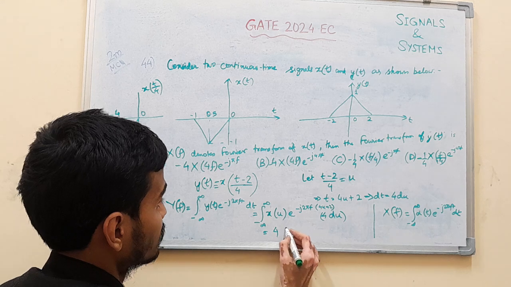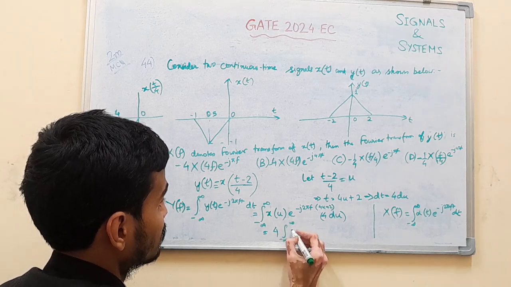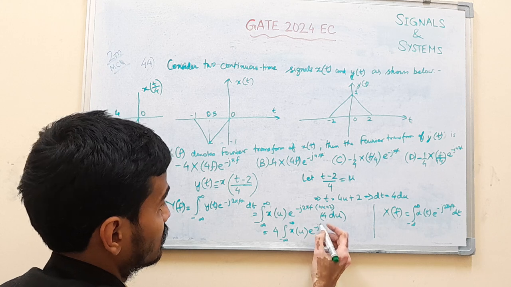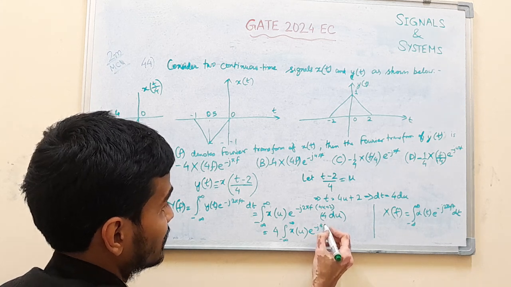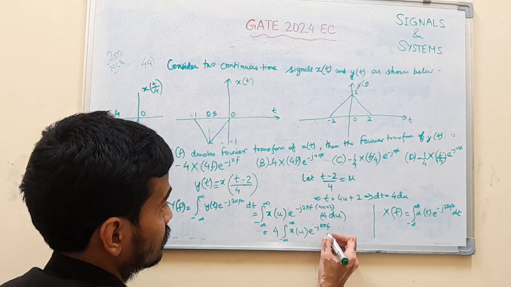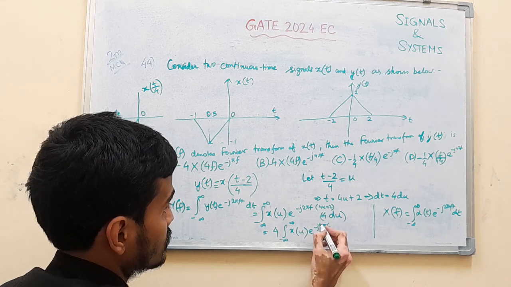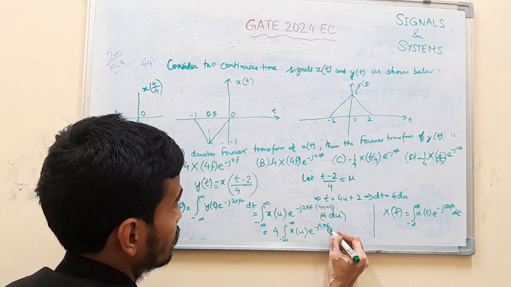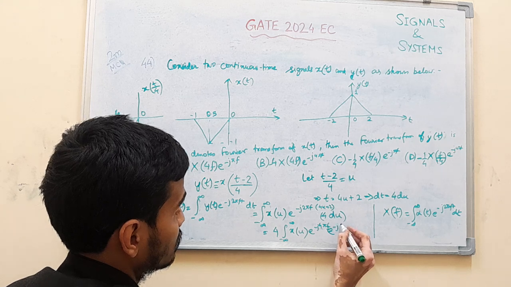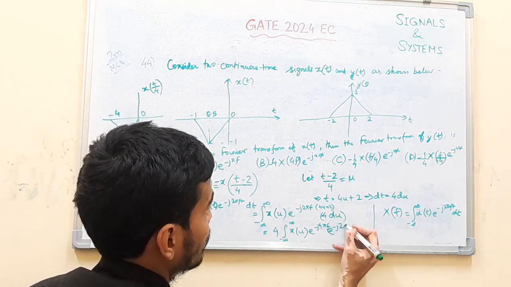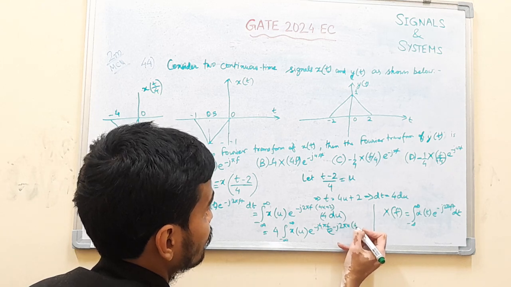So if you take 4 outside, it's the integral from minus infinity to infinity of x of u e to the power minus j 8 pi f, sorry, 4 pi f, into e to the power minus j 2 pi u into 4f.